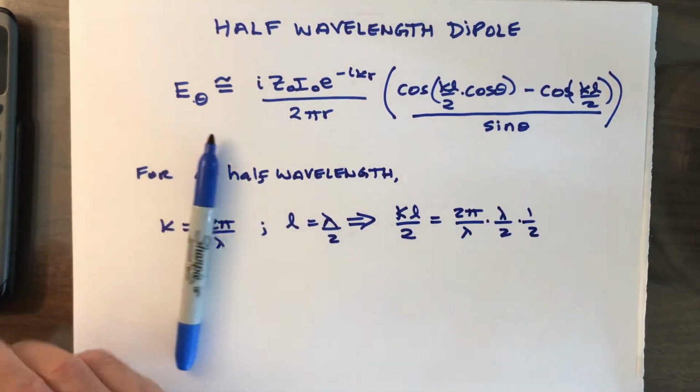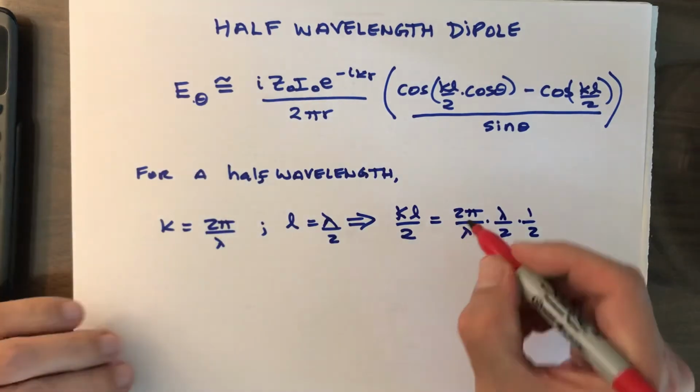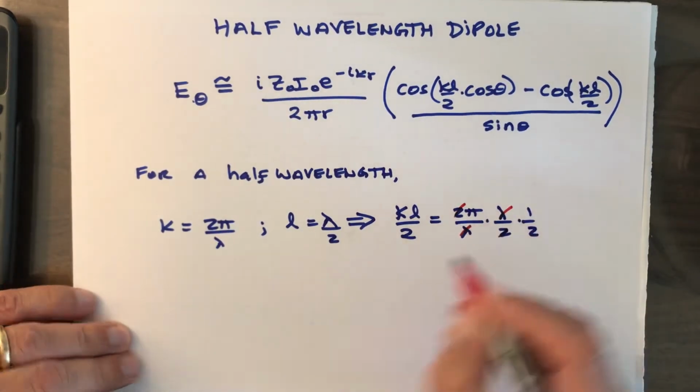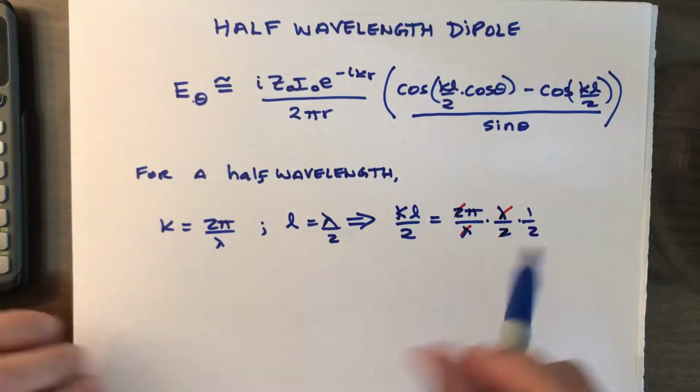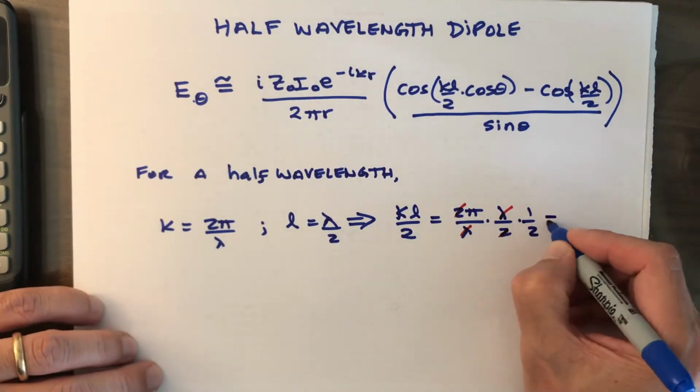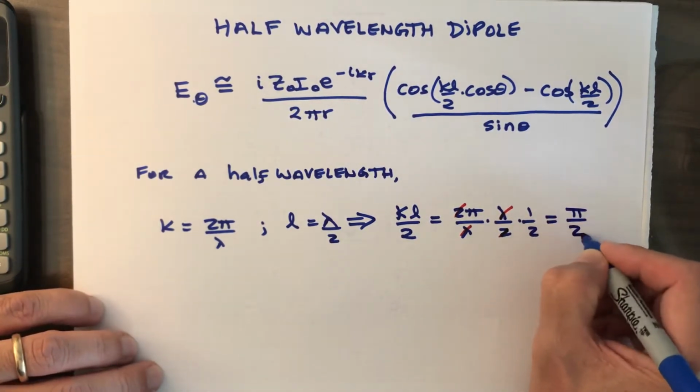So here we have some cancellations. The lambdas cancel, the 2's cancel, and we're left with kL over 2 equaling 2 pi over 2.